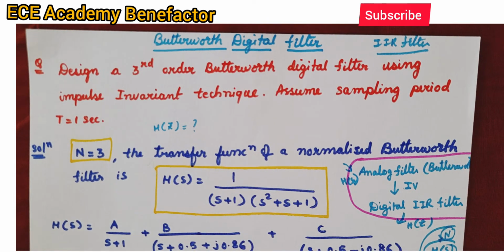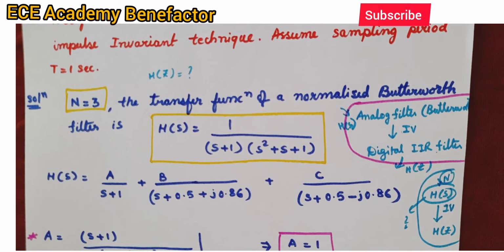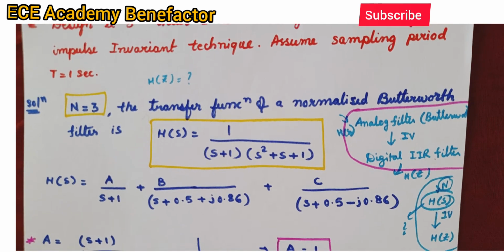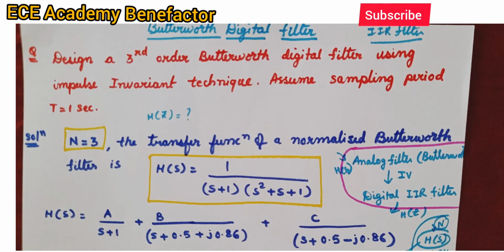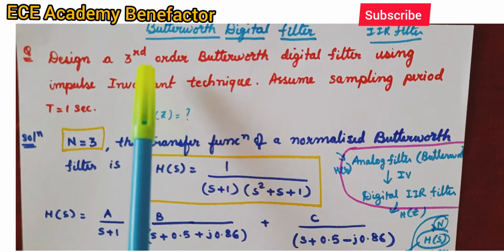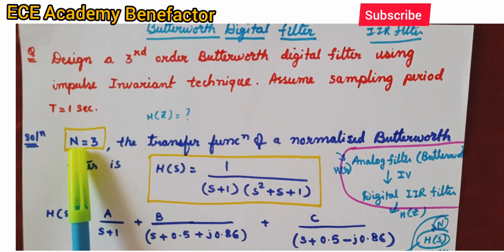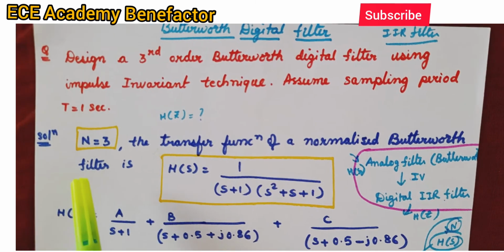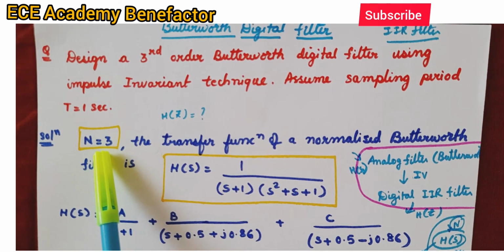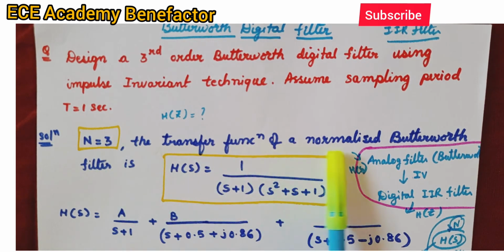Okay, so let us start the solution. What is given in the question? Design a third order Butterworth digital filter. Third order means capital N value is given as 3. So, for N is equal to 3, we know the transfer function of a normalized Butterworth filter.